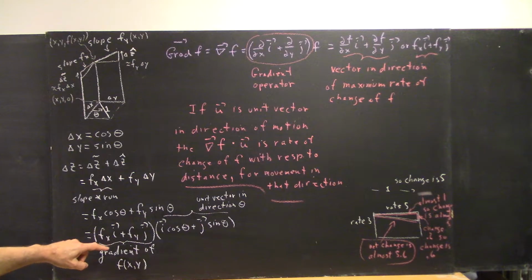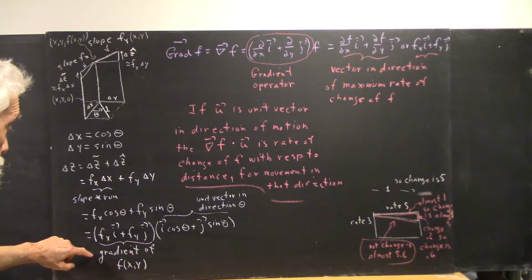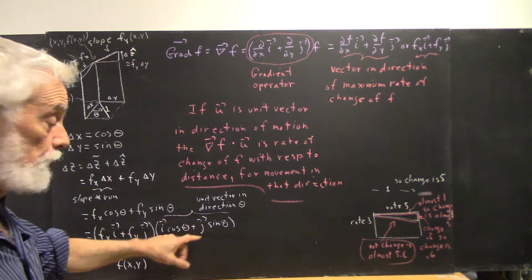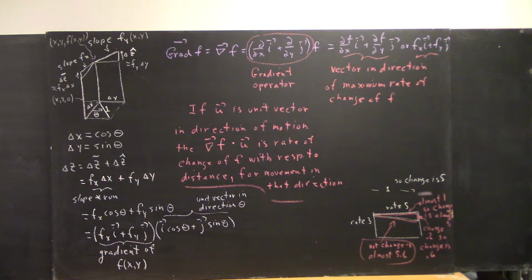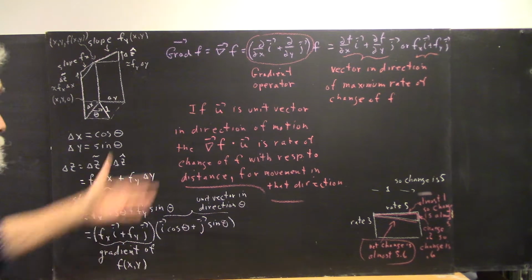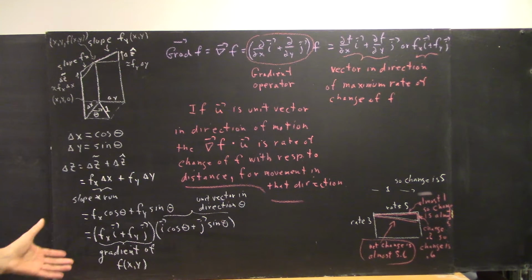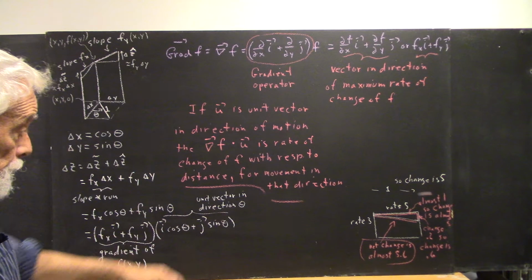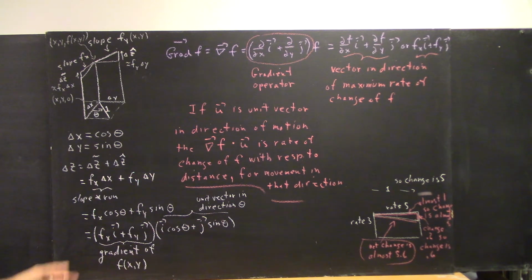So now we have this dot product of something called a gradient with a unit vector in whatever direction we want to move in. We'll get into this stuff motivated by this example and see how useful it might be.